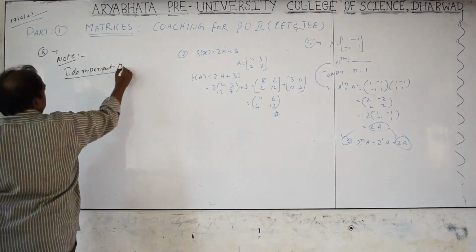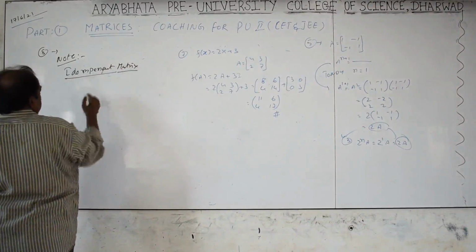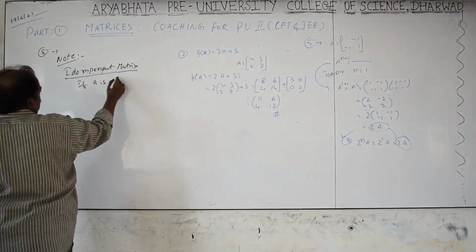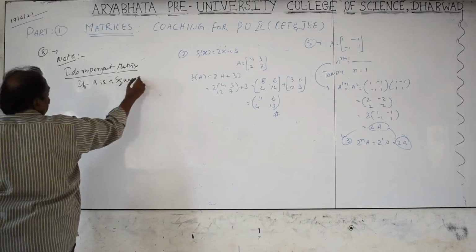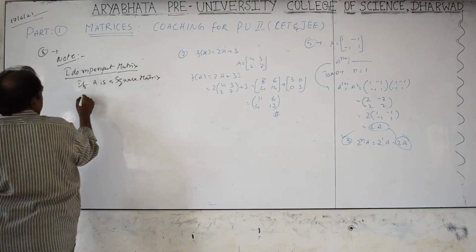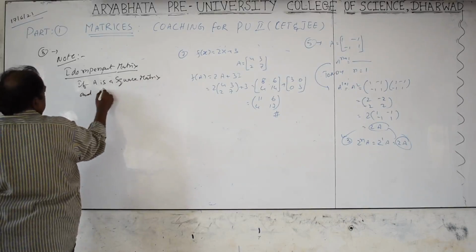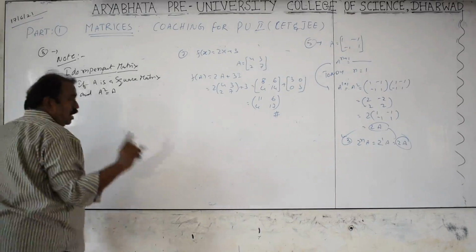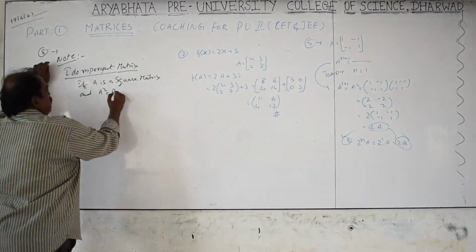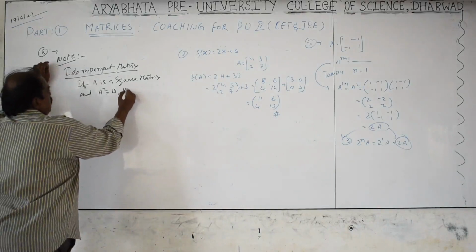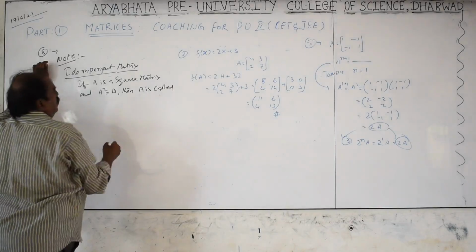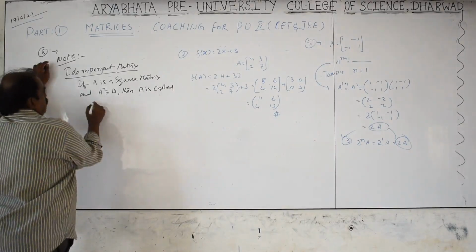Idempotent matrix means if A is a square matrix, first of all, square matrix, and A square is equal to A, then A is called an idempotent matrix.